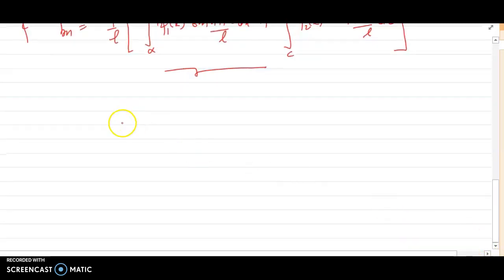How can we split the integral if the function has n points of discontinuity?